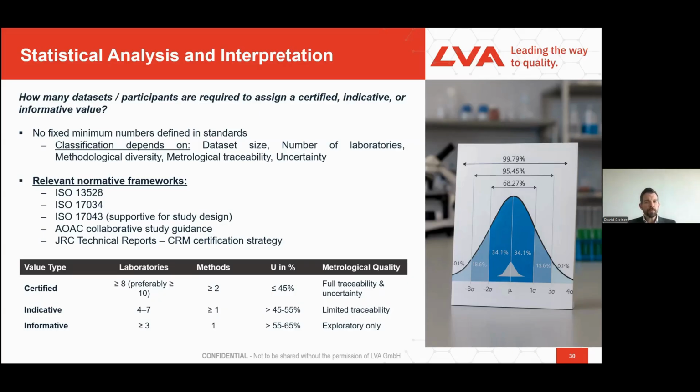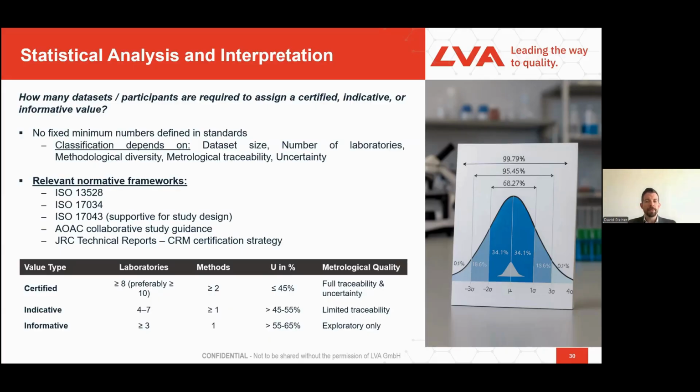So in addition, we also considered relevant aspects from ISO 17034 and also ISO 17043, the standard norm for proficiency test providers, as well as guidance from AOAC, collaborative study guidance, and the JRC CRM certification strategy.